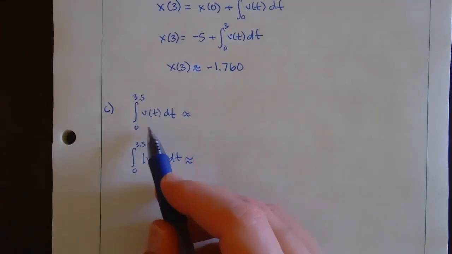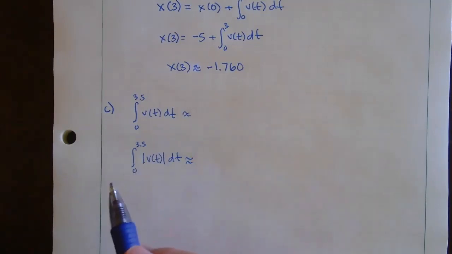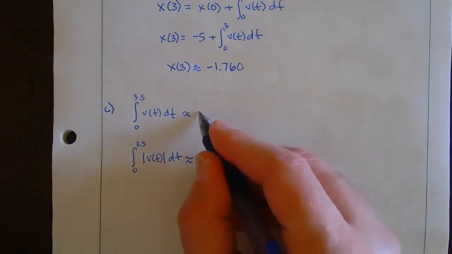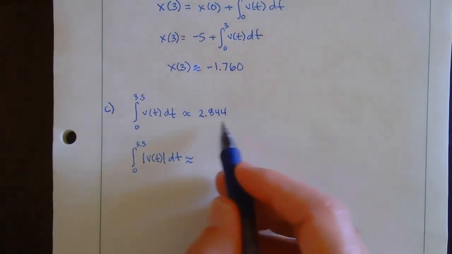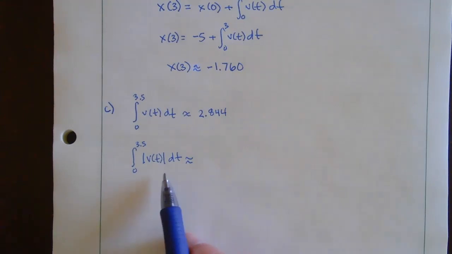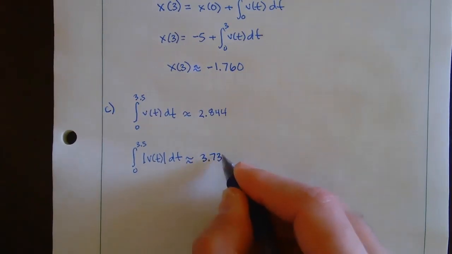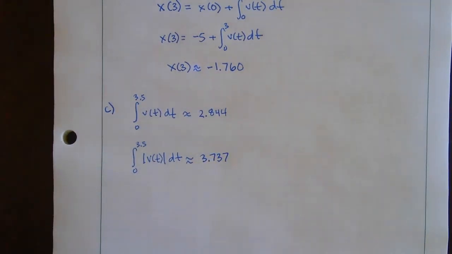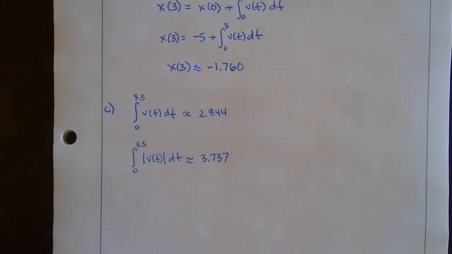So the integral from 0 to 3.5 of v of t dt, from the calculator, we got 2.844. You could also truncate, so it'd be 2.843. And then this one was 3.737. Now we have to go into the meaning of these. So what is this one? This is the change in position, which we call displacement in physics.